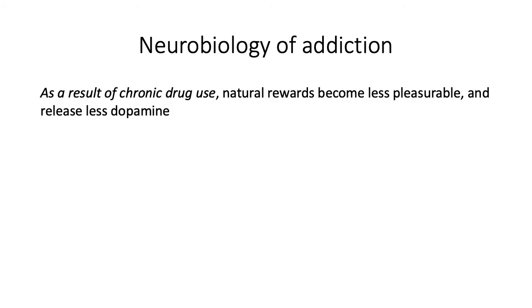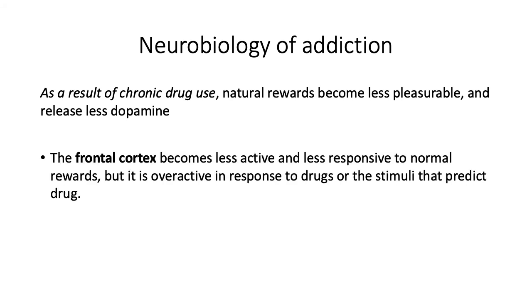Let's talk about the biology of addiction, which is the way in which our brain becomes addicted. As a result of chronic drug use, natural rewards become less pleasurable and release less dopamine, and that's the beginning of addiction. The frontal cortex becomes less active and responsive to normal rewards, but it's overreactive in response to drugs or the stimuli that predict the drug.